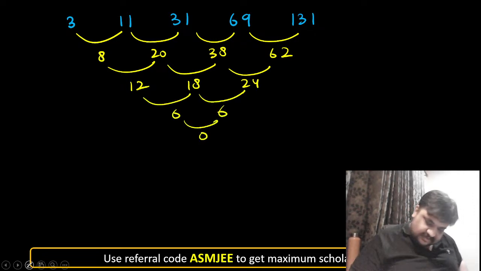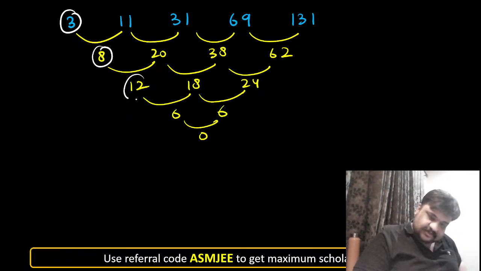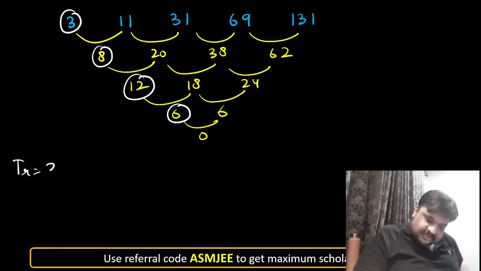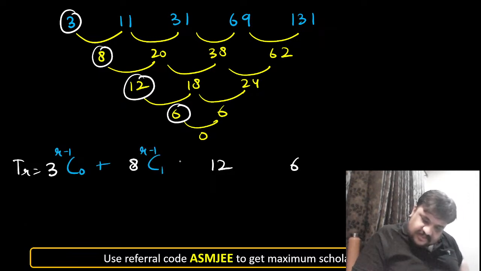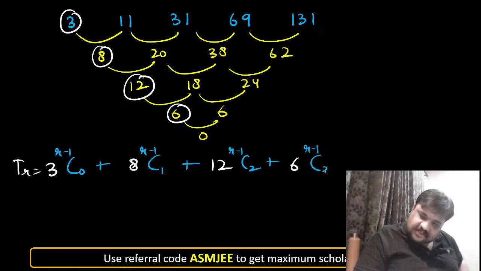Just pick these always. Pick these numbers, and TR will be, write these numbers, 3, 8, 12, 6. Start with R minus 1 C0, R minus 1 C1, R minus 1 C2, R minus 1 C3. That's it.